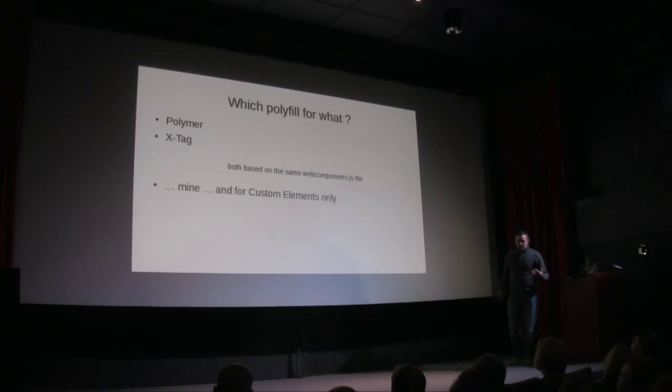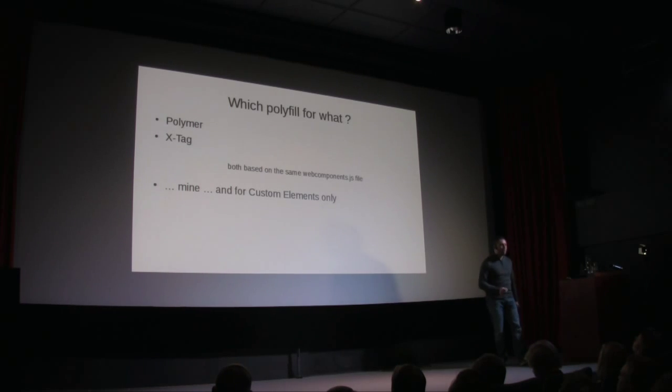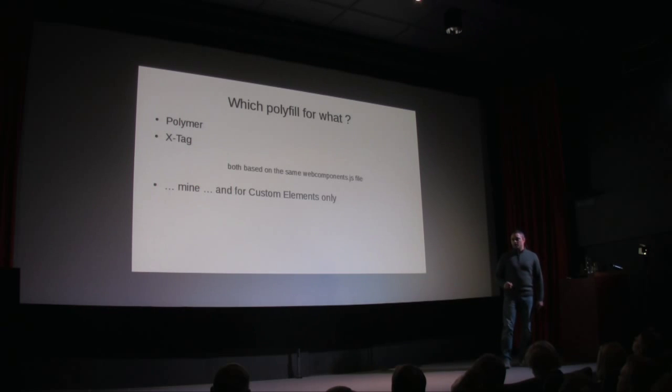And then there is my library, which is not even about web components, it's only about custom elements. Because there are workarounds, things are not stable yet, things are not finalized for the imports, template has some problem when you polyfill it, can be heavy. There are a few things that you can work around somehow. But custom elements is the one that was important for me.